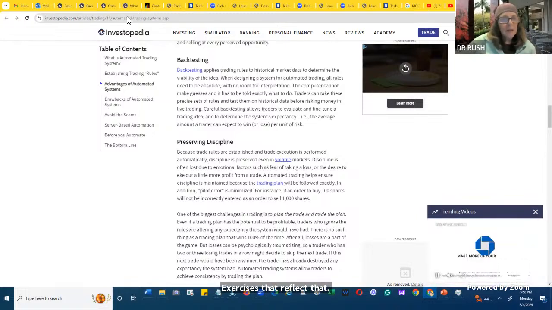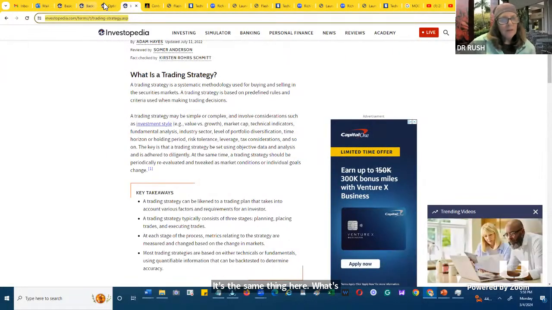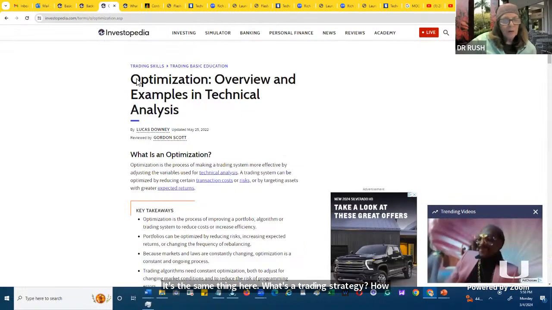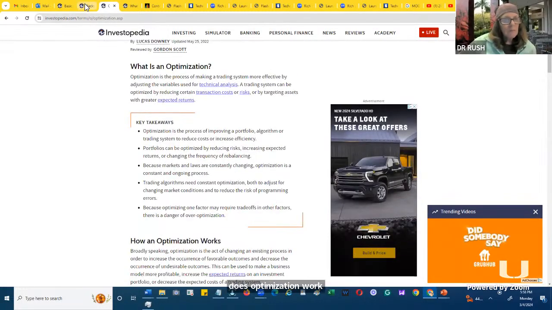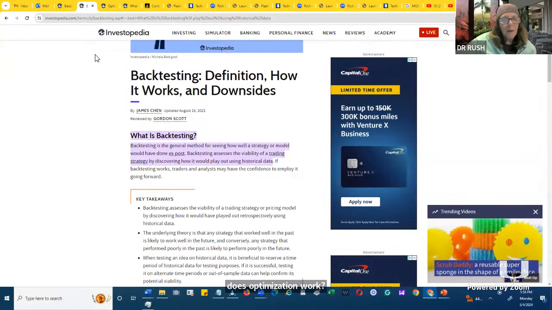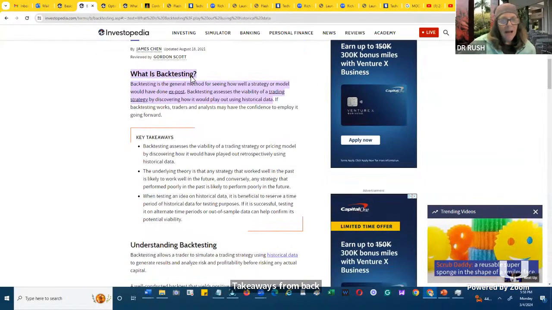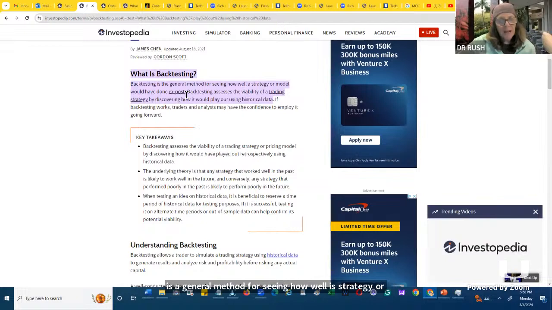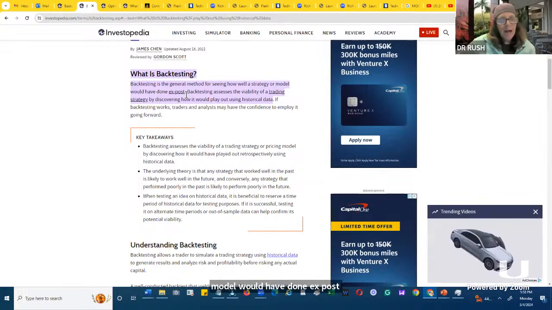It's the same thing here. What's a trading strategy? How does optimization work? Takeaways from backtesting, how it works. Backtesting is a general method for seeing how well a strategy or model would have done ex post. Ex post means in the past.